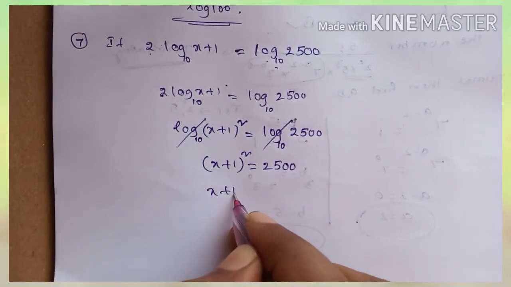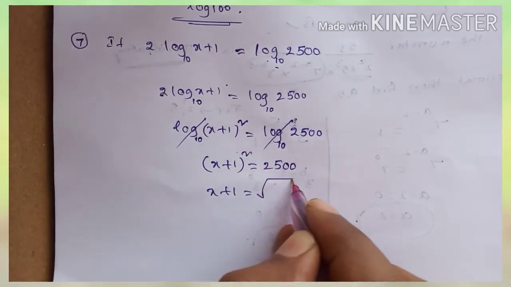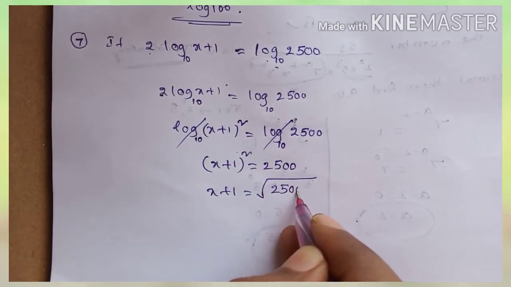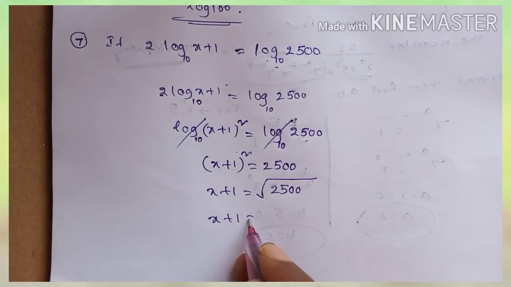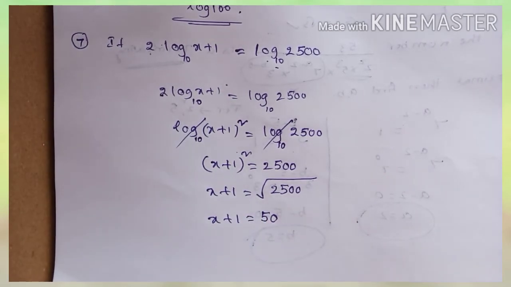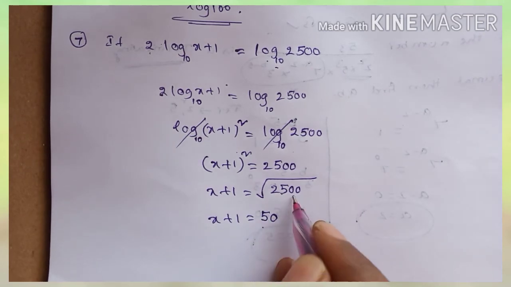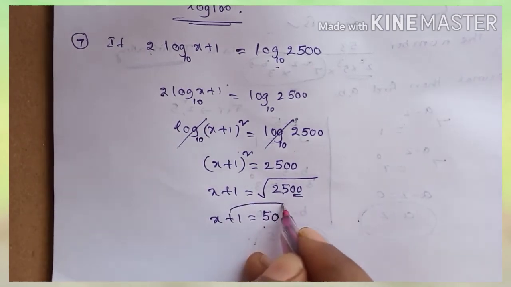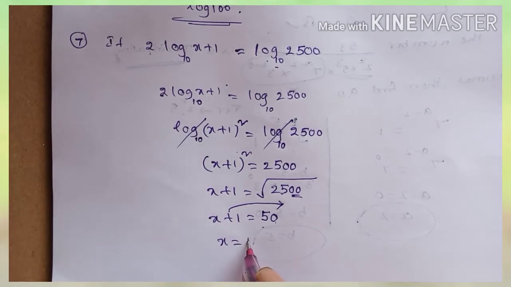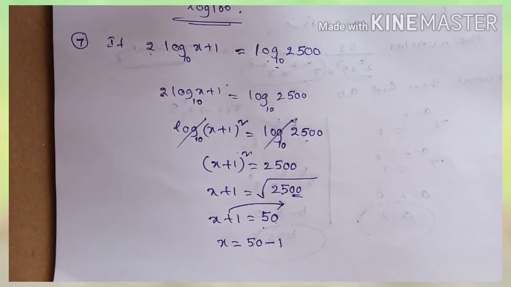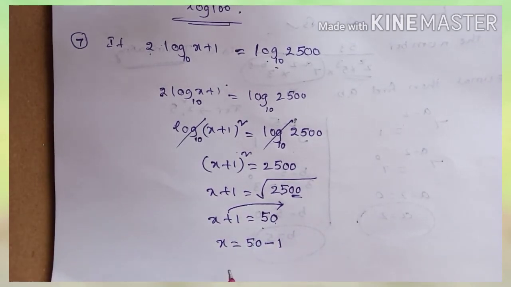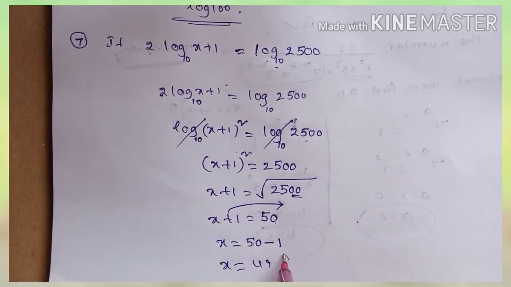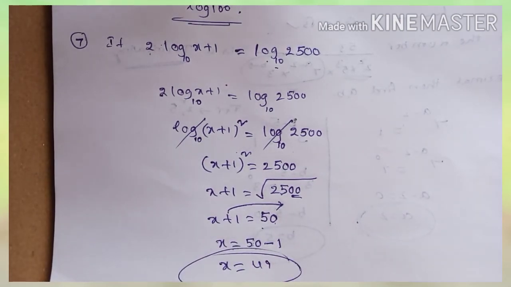Now x plus 1 is equal to plus or minus the square root of 2500. The square root is 50, because 5 square is 25, and 2 zeros give 1 0. Transposing the 1, the value of x is equal to 50 minus 1, so we get 49. Okay students, let's go for the next question.